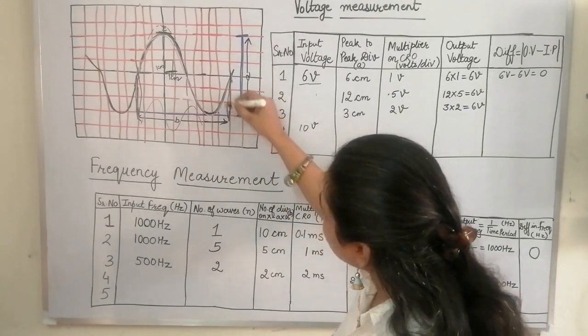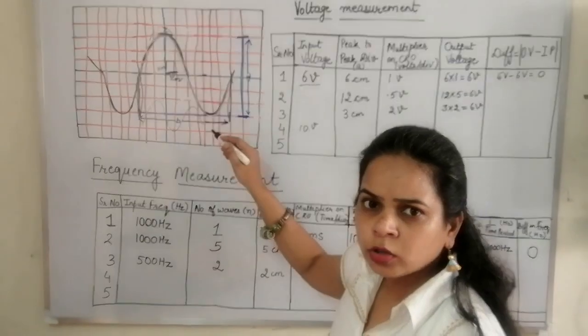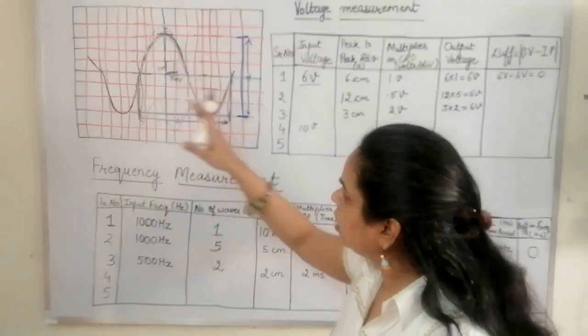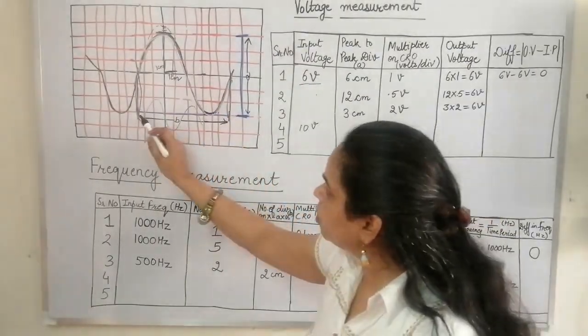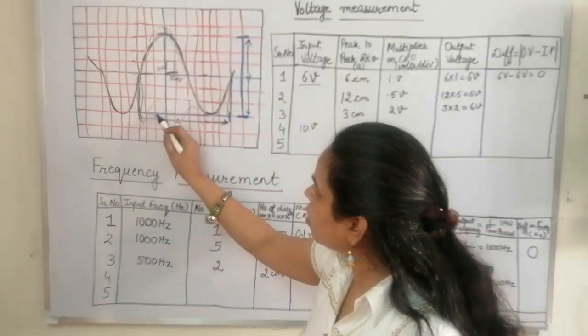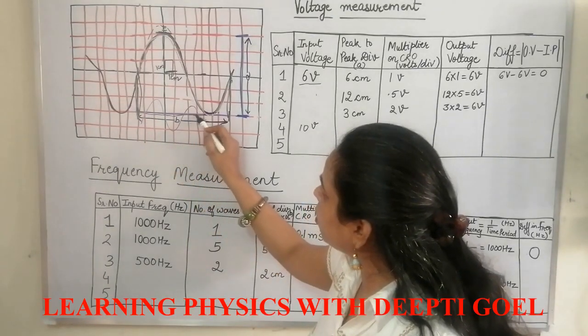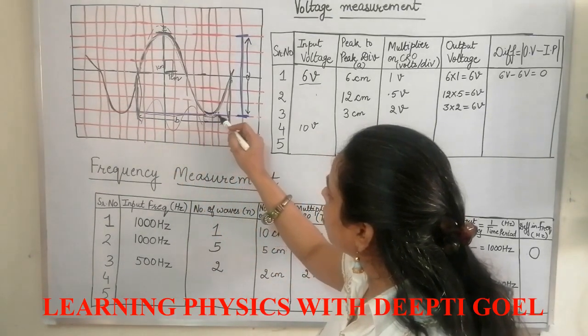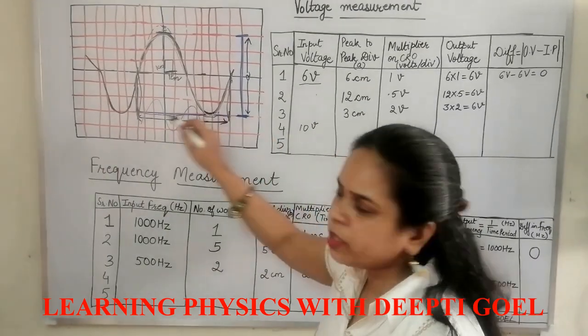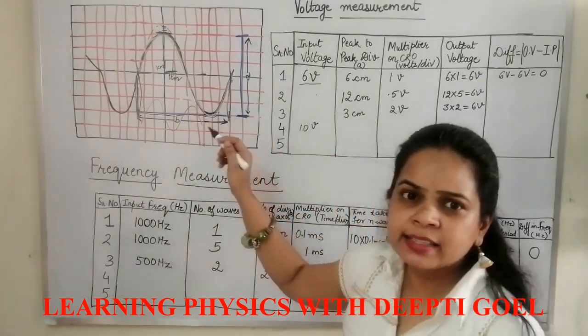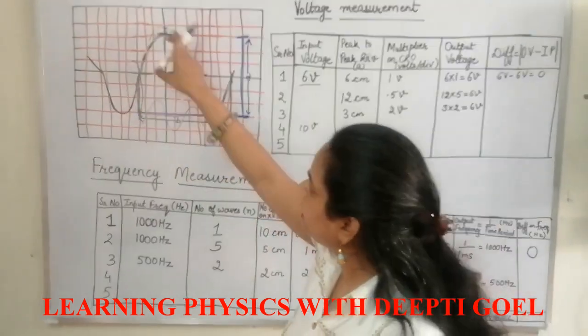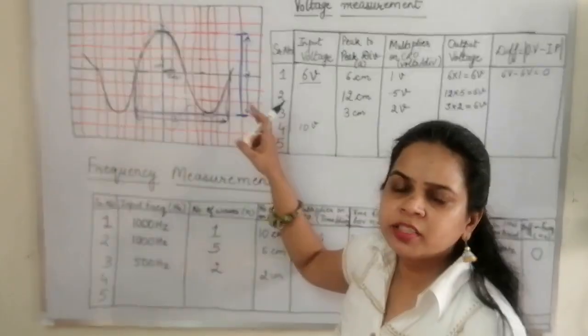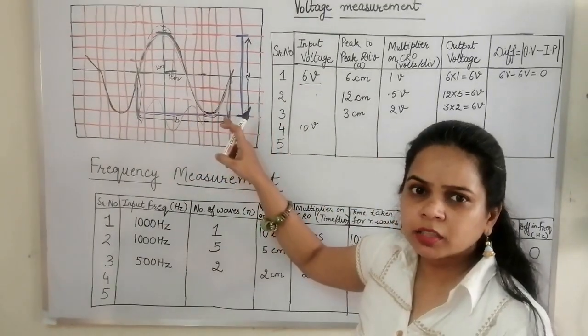So we calculate the total number of blocks or divisions from the start to the end. Here you can count: 1 block, 2 block, 3, 4, 5, 6, 7, 8, 9, 10 block. So there are 10 blocks, or it is 10 centimeter. One complete wave has come in 10 centimeter.